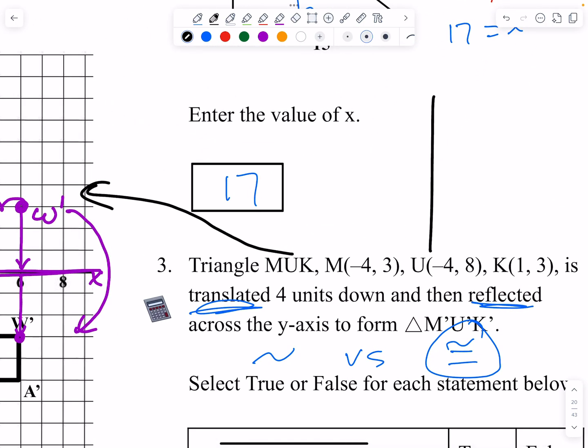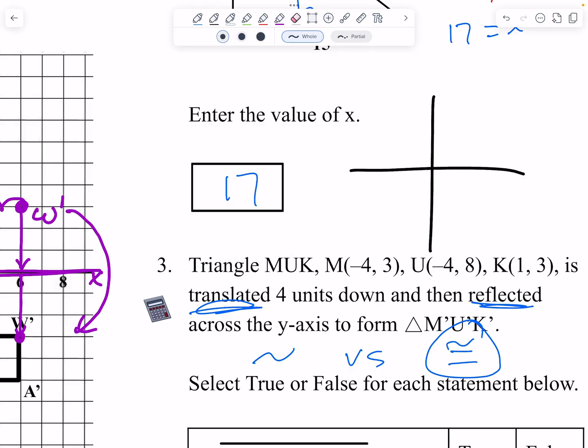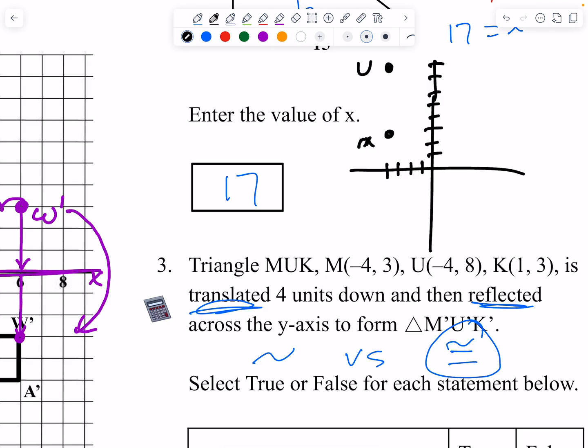I guess I'm going to do it right here. So 1, 2, 3, 4. 1, 2, 3. Boom. Then -4 and 8. 1, 2, 3, 4, 5, 6, 7, 8. There's U. Oh, that makes it easier. And then K is 1 and 3.